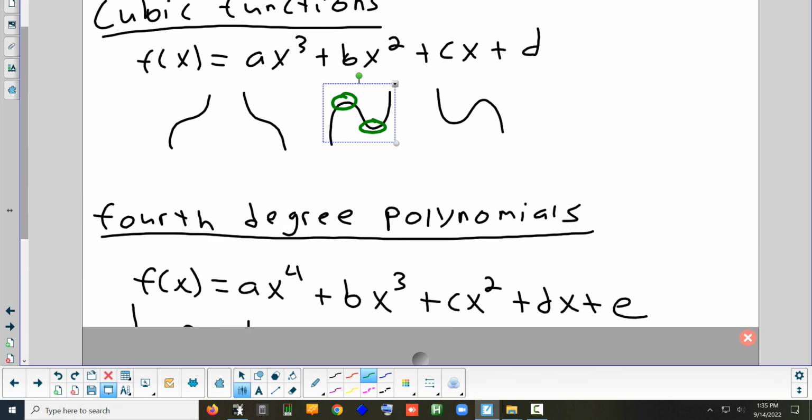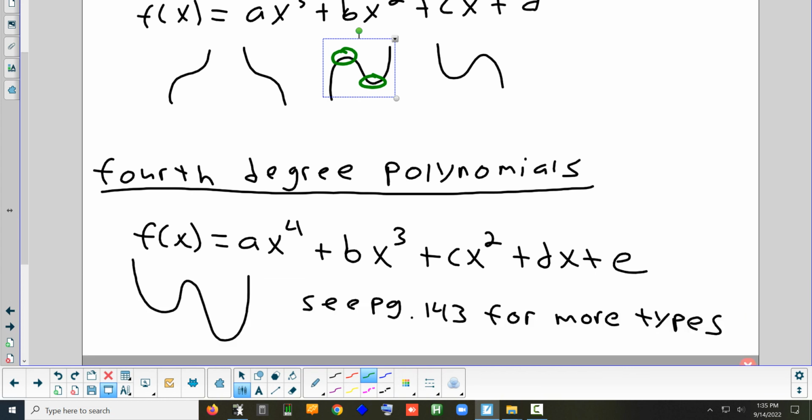So when we think of a 4th degree polynomial, how many times could it turn? Yeah, 3 times. And that would result in something that looks kind of like a W shape. The important thing with a 4th degree, that's an even number, is that either both ends are going to continue upward, or both ends are going to go downward.